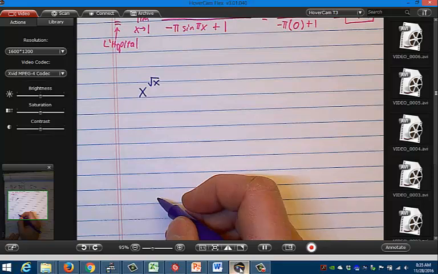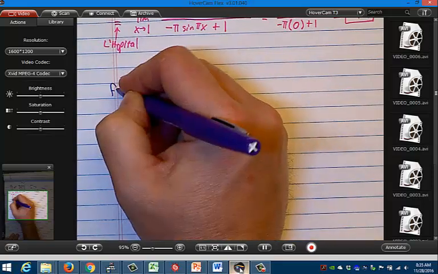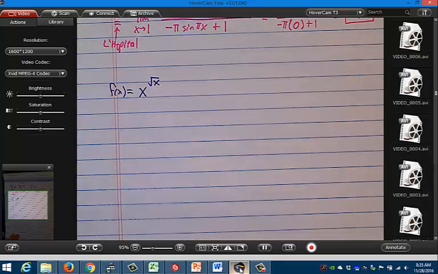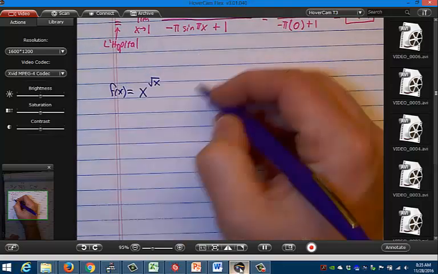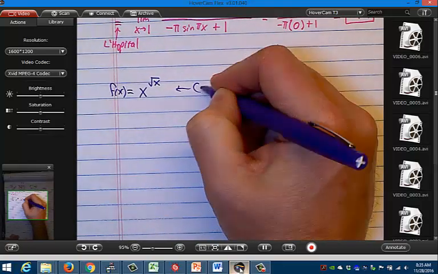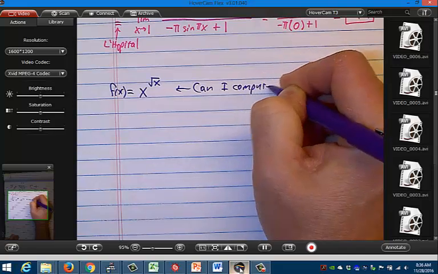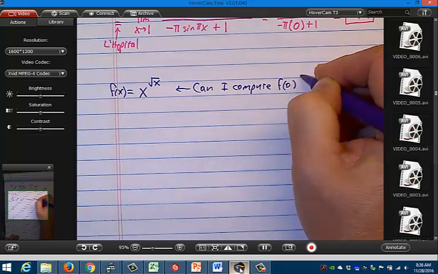Let's use this as an example. And suppose I asked you, can I compute f of 0?